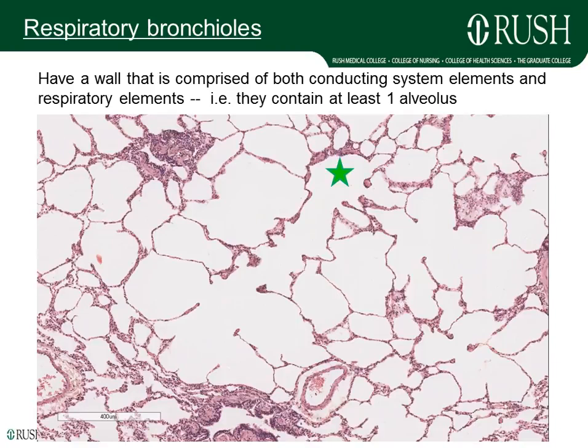So here is a respiratory bronchiole. At the top portion of that open space, you can see the wall of the bronchiole, and that's lined by some cuboidal cells, although we're at a low magnification here. But towards the bottom and at the right, you can see several alveoli opening off of that space. So this is a respiratory bronchiole.